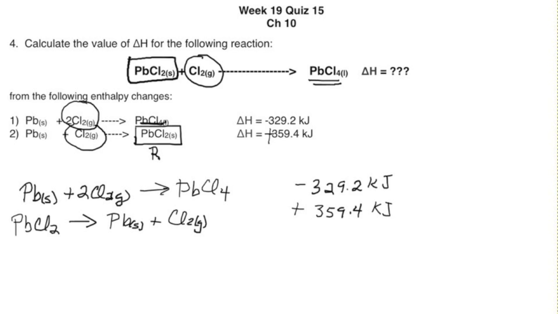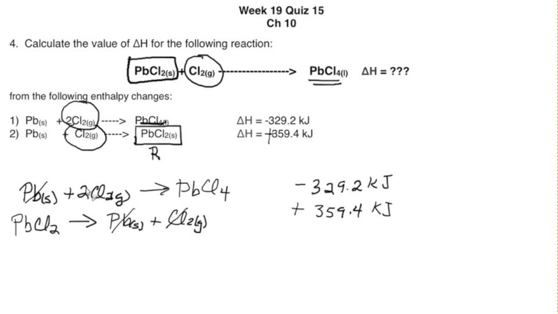All right, now let's see what we have. We have a Pb over here and a Pb over here. Neither one of those are in the original equation, and so we can cancel those because we have one on each side. We have PbCl2 here, which goes with that. We have 2 Cl2 here on the reactant side. We have Cl2 on the product side, so we're going to take this one away.